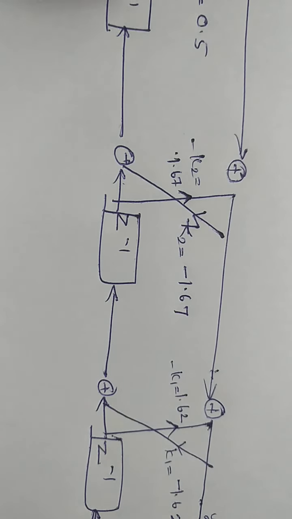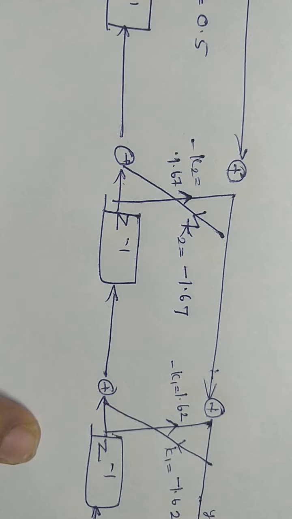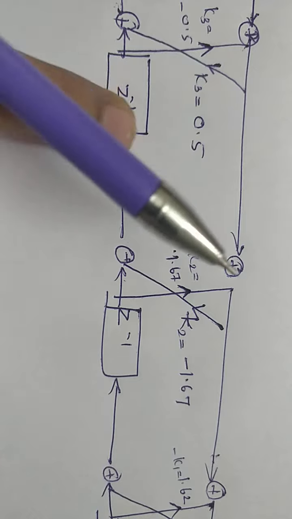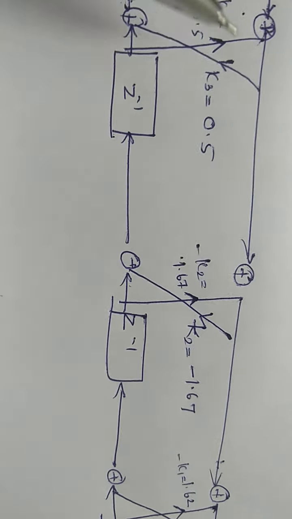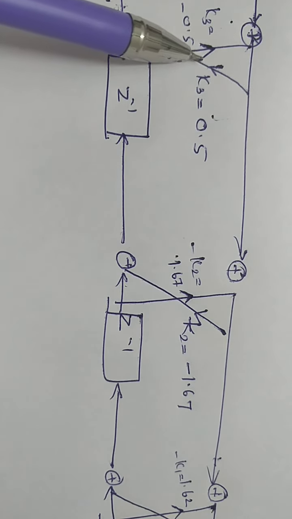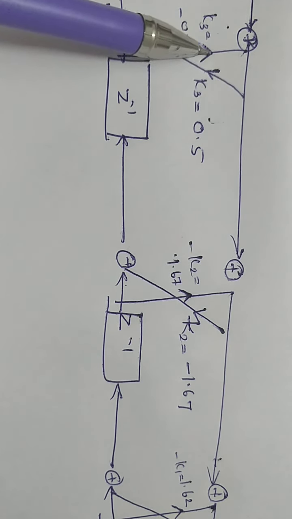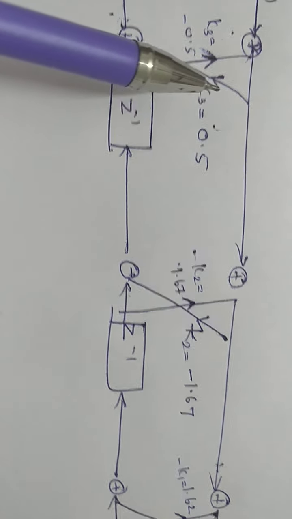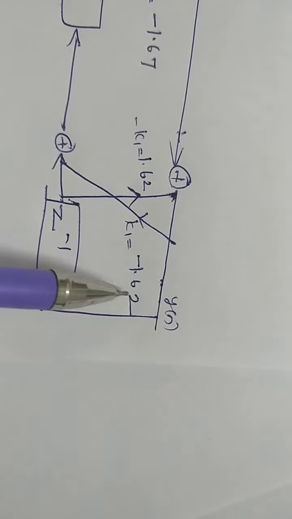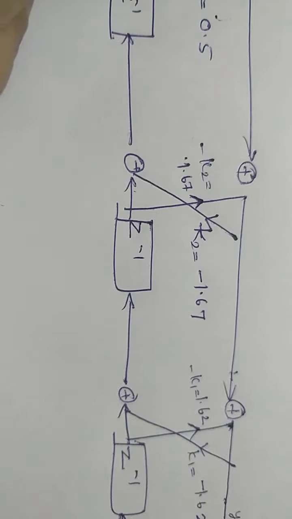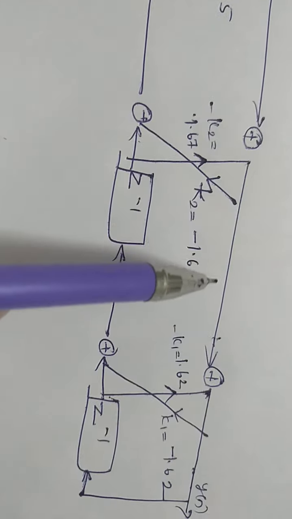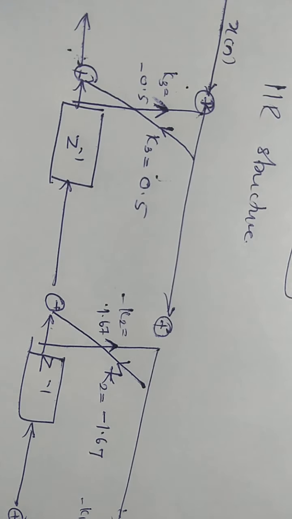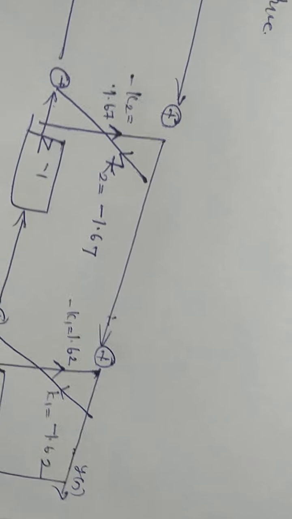Since it is an IIR filter, prior to the Z inverse term, the adders are put, and in that, the lattice coefficient going upward is of negative value and going downward is of positive value. Okay, X of n is the input. Here we are taking out the output Y of n. The direction is like this. It is going like this, then to this direction. Okay. So this is the lattice structure of an IIR filter.